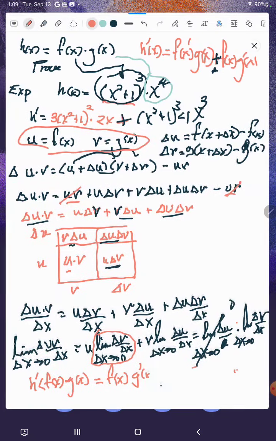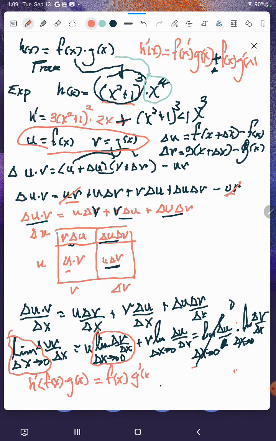Here I just replaced h. Remember, h was originally up here. When I replaced u and v, I put h. Now I'm trying to show that this is the case right here. Now I have my plus sign in here, and over here is u, which I didn't do up here, but that's okay.